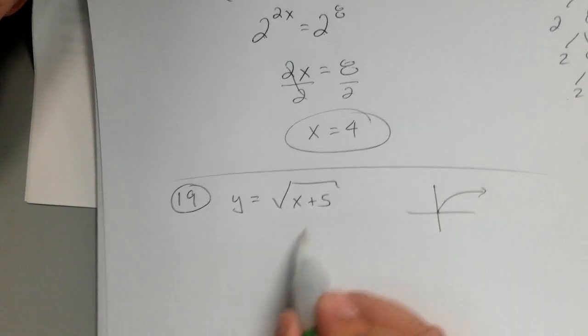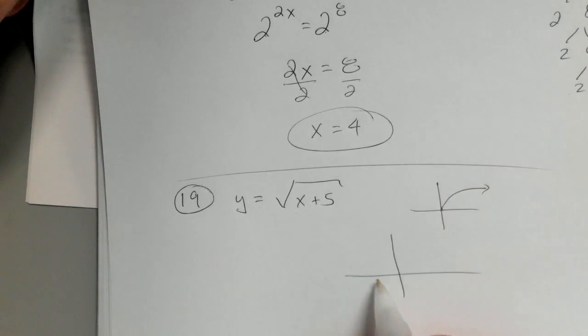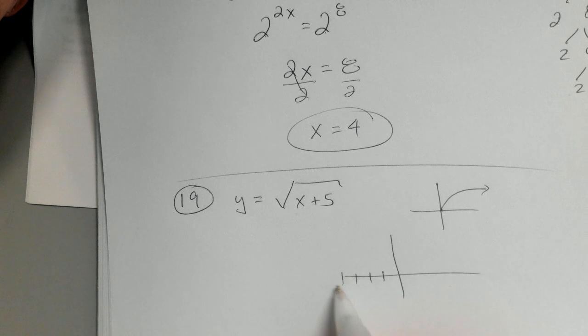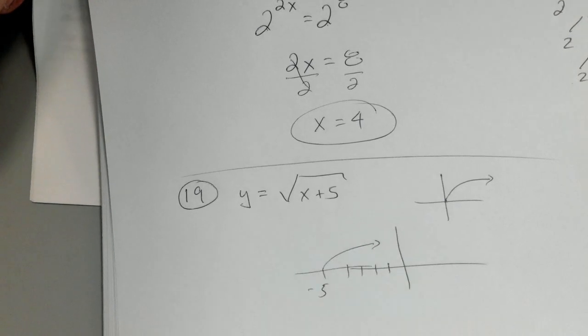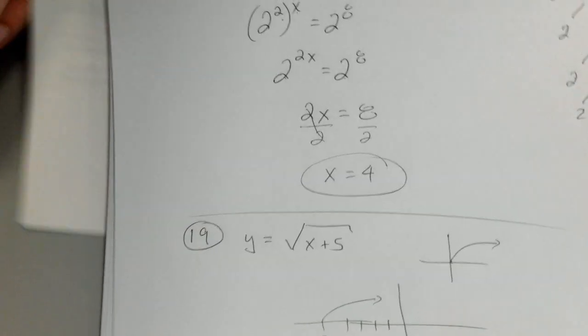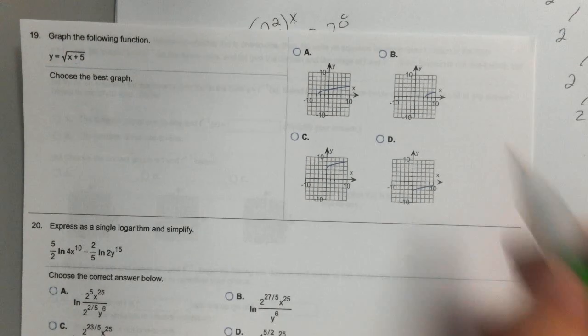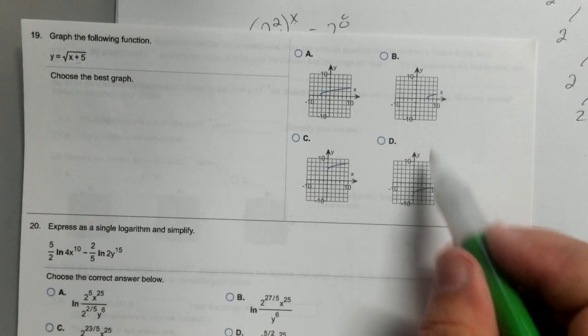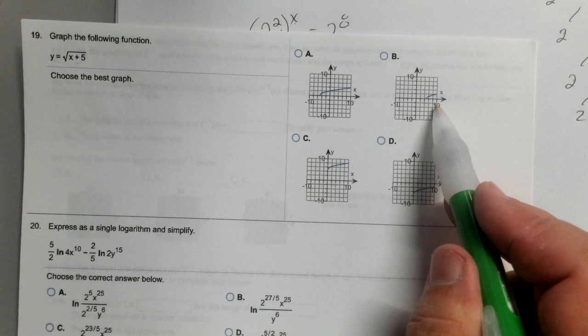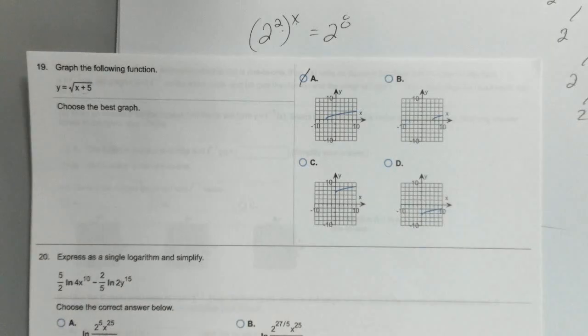So we go 1, 2, 3, 4, 5, and there's a shift. So that's the graph. It can't be C because that's a vertical shift. It can't be D, that's also a vertical shift. B is in the wrong direction, so the answer has to be A.